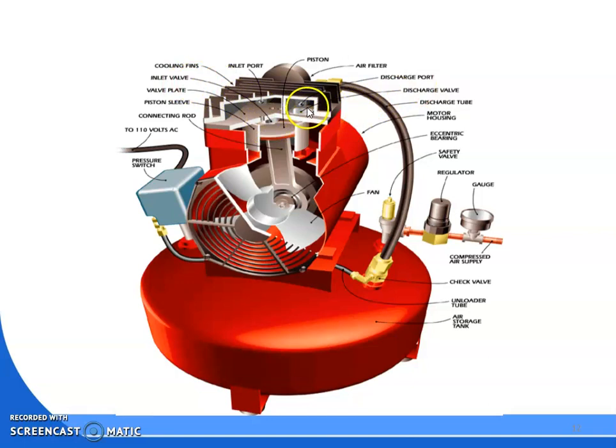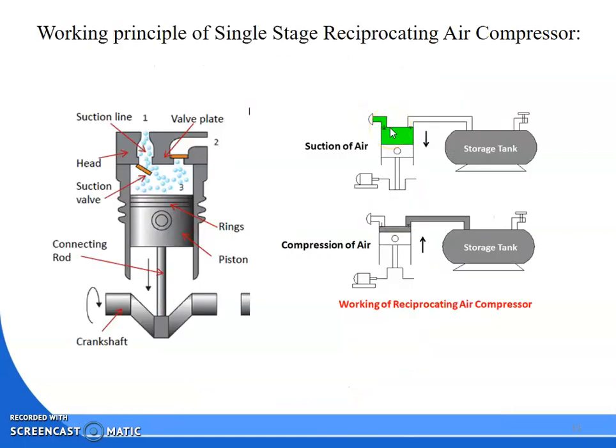These are both one-directional valves. You know that because of pressure difference they open and close. And this is the receiver, the air storage tank. Okay, so these are the arrangements of an air compressor.